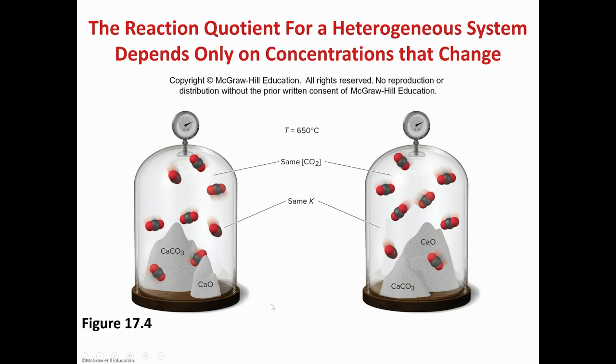So this is a really nice graphic where it's showing the calcium carbonate and CO2 and CaO. And what it's trying to get you to think about is how large the number of moles of the solid are compared to that dilute gas, and how we can think of those as essentially being a constant in this process.